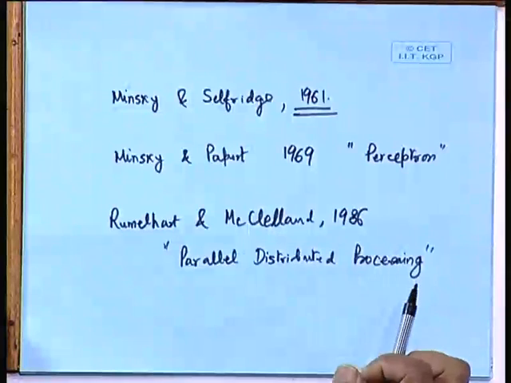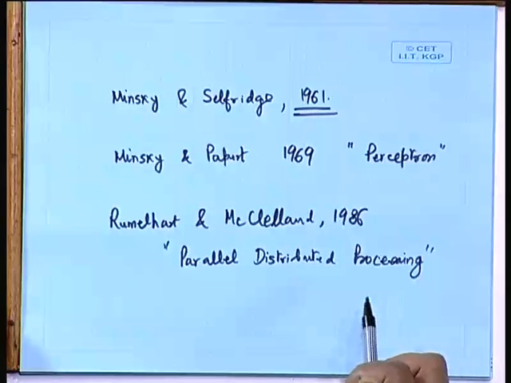They are indeed distributed, because those neurons need not be in one single place. The neurons could be distributed in several places. So, it is parallel distributed processing that was proposed by Rumelhart and McClelland in 1986.